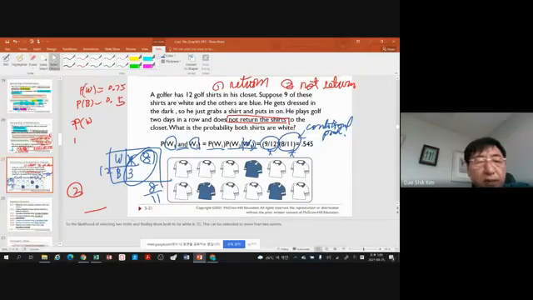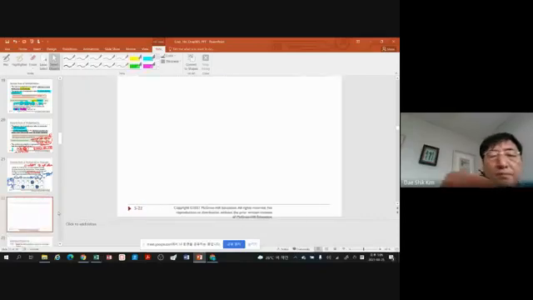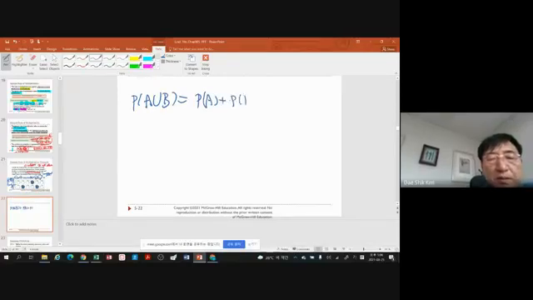Any question regarding multiplication? I will repeat. P(A or B) will be P(A) plus P(B) minus P(A and B) if they are not mutually exclusive.